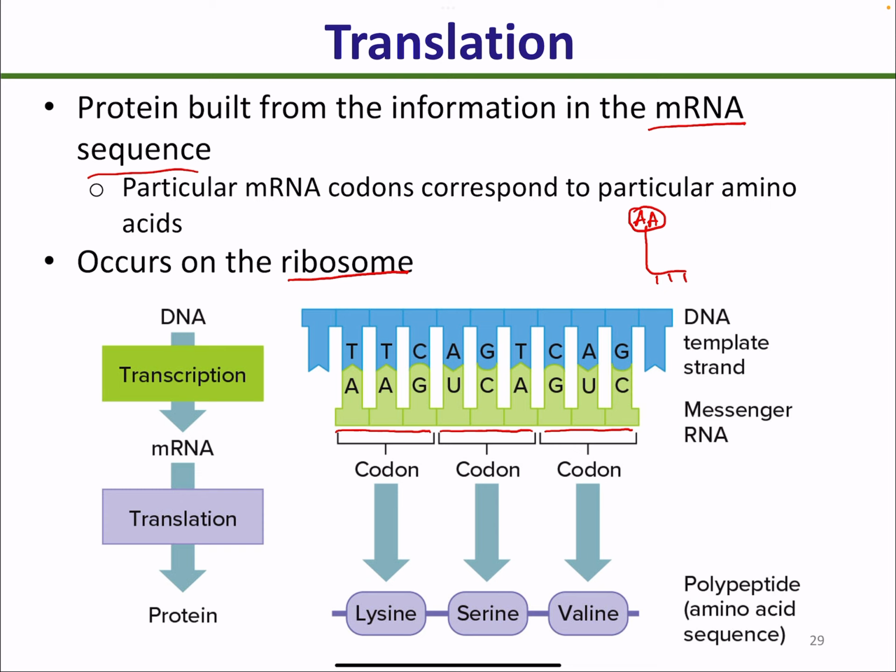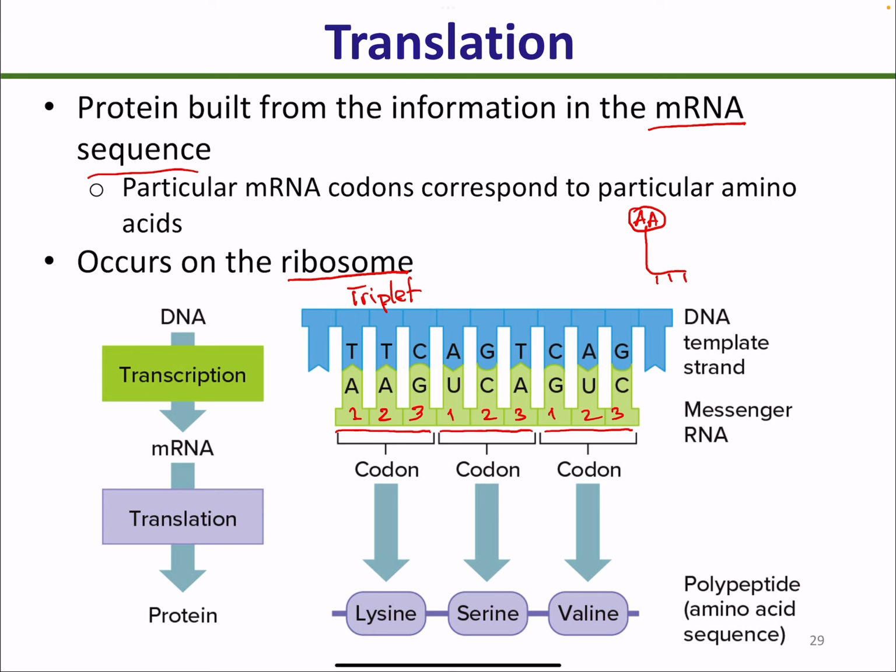Notice that the codons are recognized 3 nucleotides at a time, which makes it what we call a triplet. Triplet means 3, right? So 1 nucleotide, 2 nucleotides, 3 nucleotides. And another triplet, it's 1, 2, 3. And another one, 1, 2, 3.